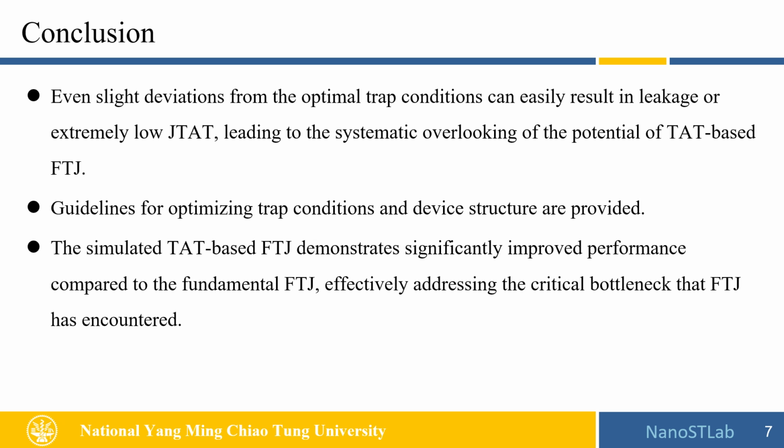In our work, we provide guidelines for optimizing trap conditions and device structure. And eventually, we demonstrate that the TAT-based FTJ exhibits significantly improved performance compared to the fundamental FTJ, effectively addressing the critical bottleneck that FTJ has encountered.